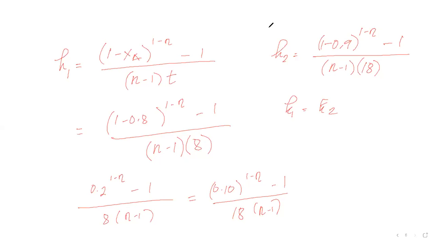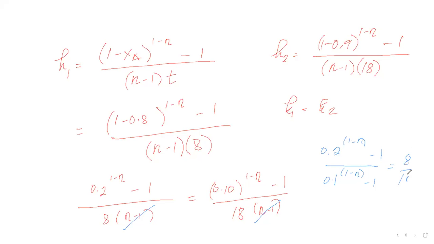In the process, you'll get rid of the n minus 1. What you will have is the resulting expression: 0.2 raised to (1 − n) minus 1 over 0.1 raised to (1 − n) minus 1, and I will have 8 over 18 on the other side.